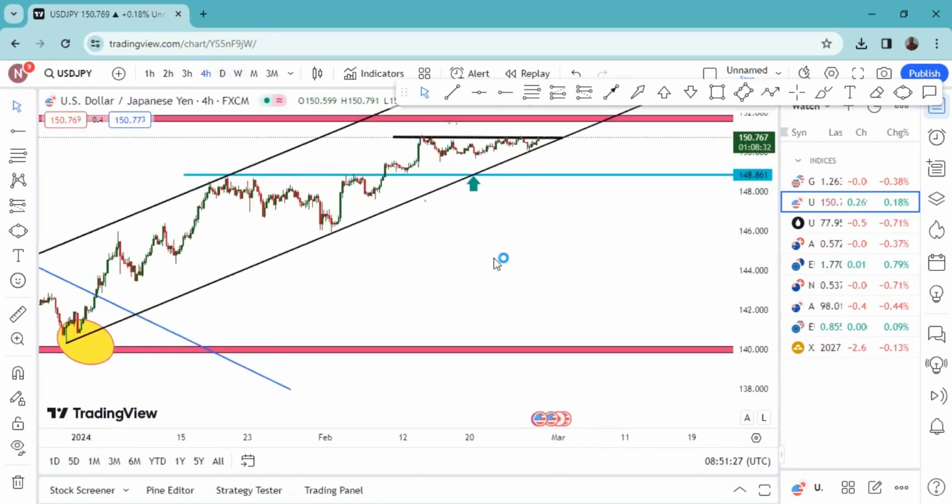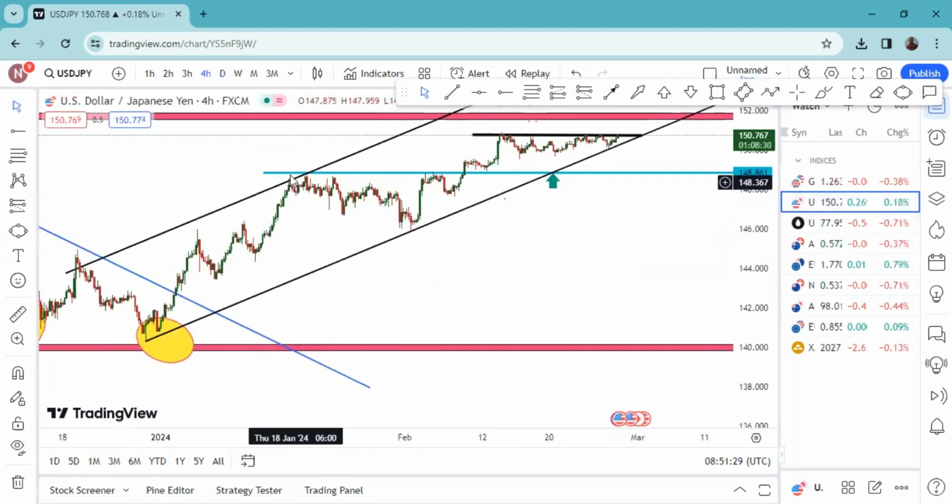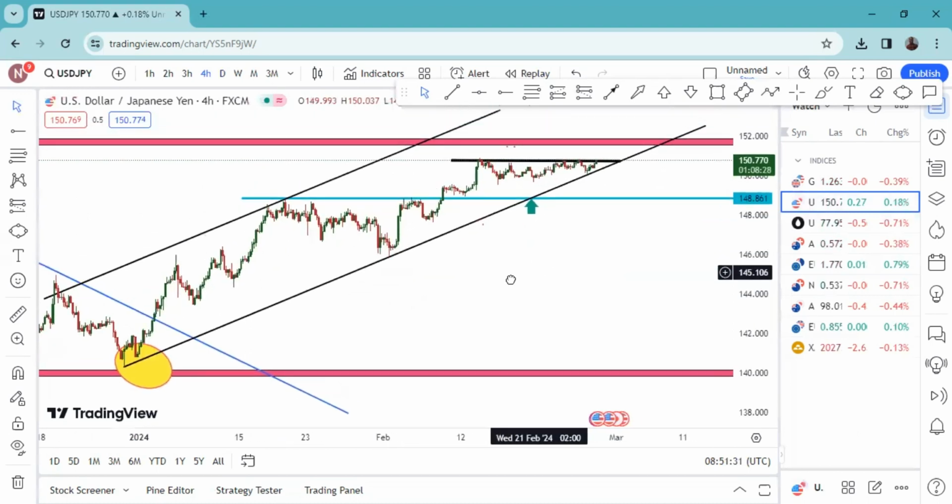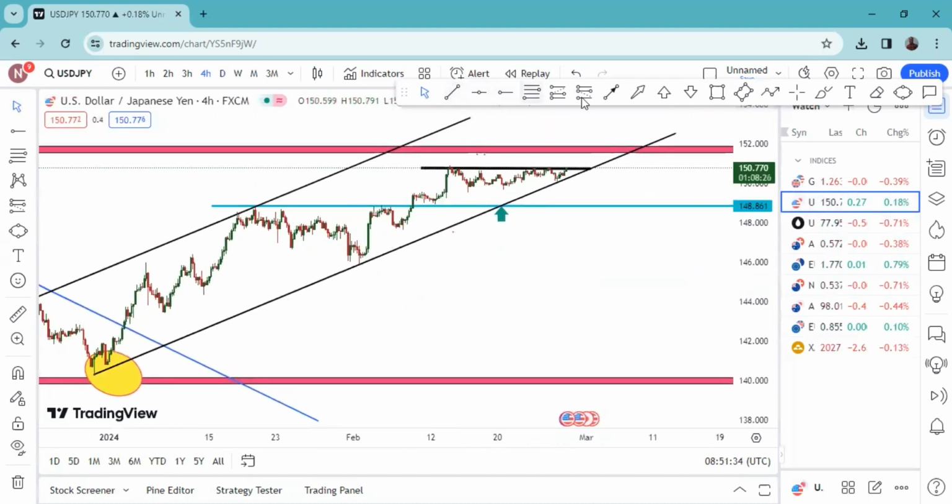In 4 hours, this is the resistance where I was hoping that the dollar might retest up to this place, then I could take my trade up to this zone. But unfortunately, the market did not respect that.